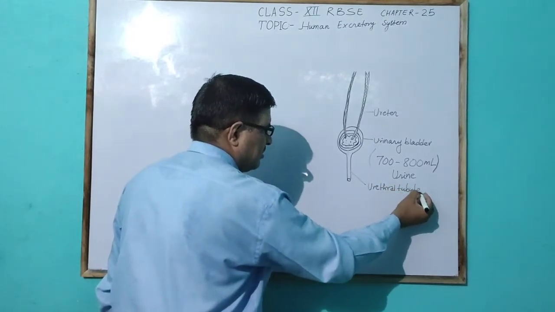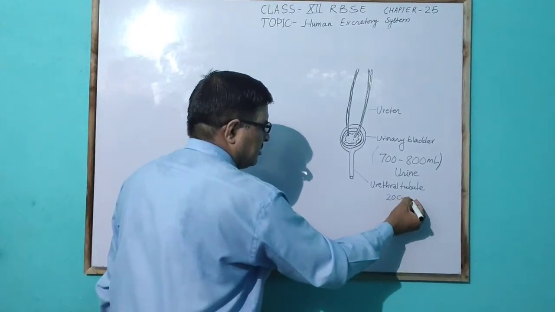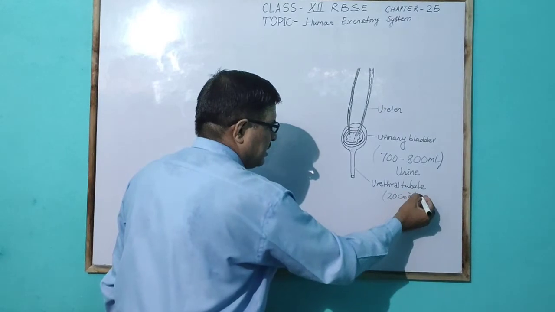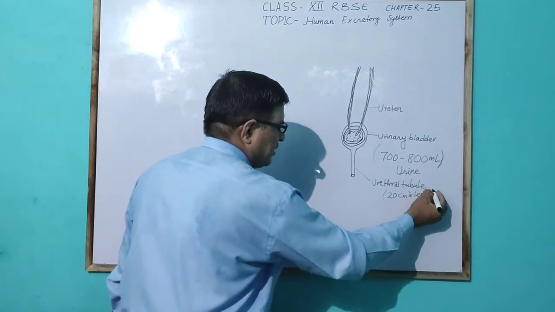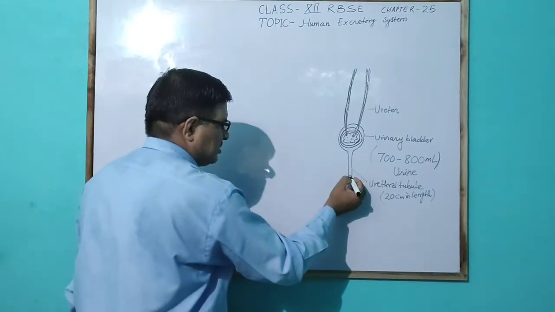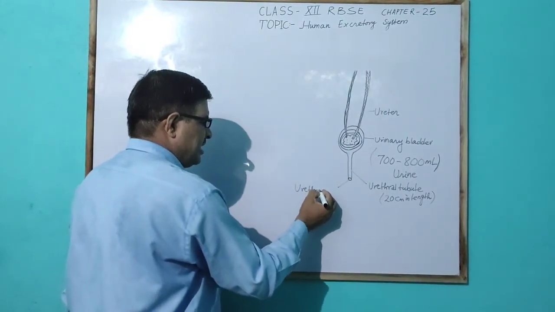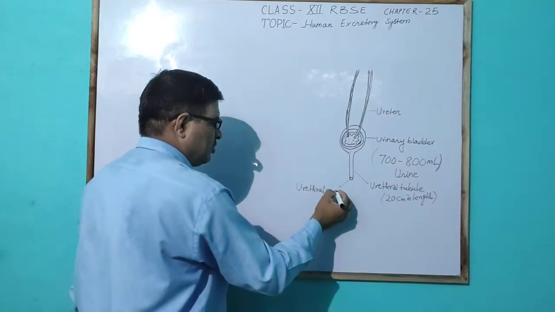In the male, it is about 20 centimeters in length. In the female, it is only 4 centimeters in length, and it opens by a small pore which is called the urethral orifice.